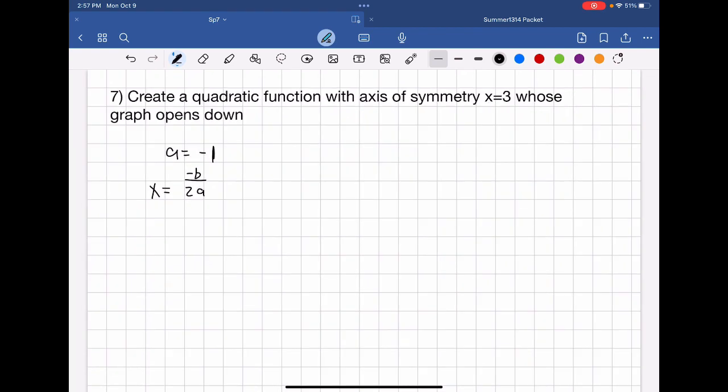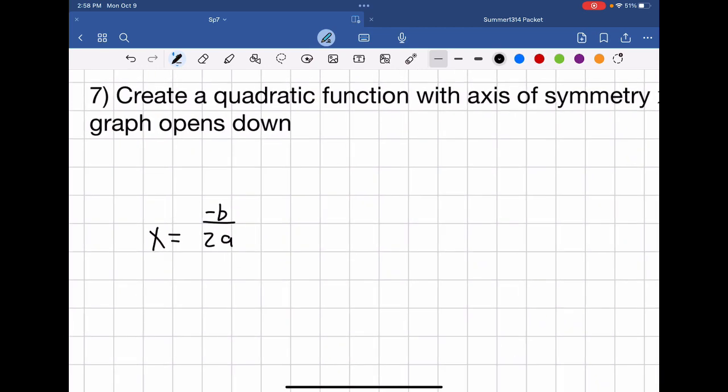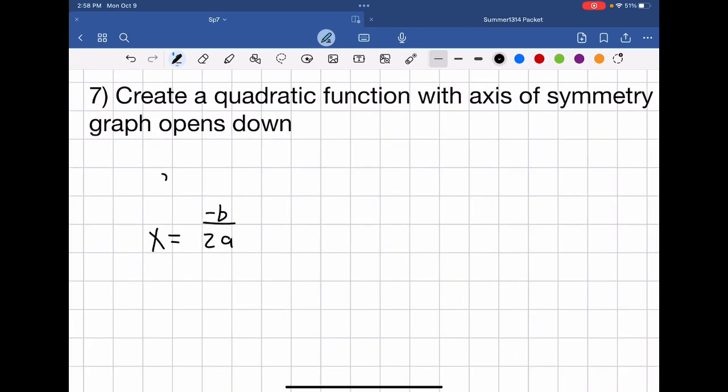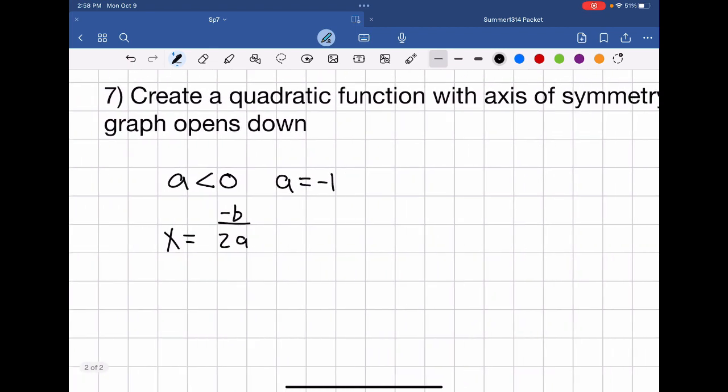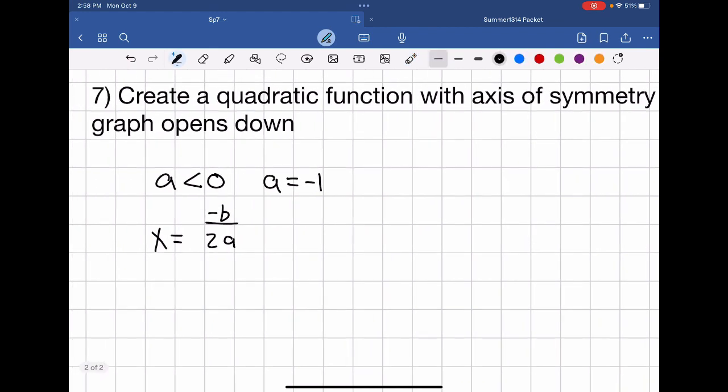Create a quadratic function with an axis of symmetry of -3 whose graph opens down. So if we want our graph to open down, that's as simple as making our a value negative, so less than 0. Well, the easiest one I can think of is a is equal to -1, right? So now, if we want our axis of symmetry to be 3, well, we have our axis of symmetry equation right here, and it says 3 is equal to our axis of symmetry.